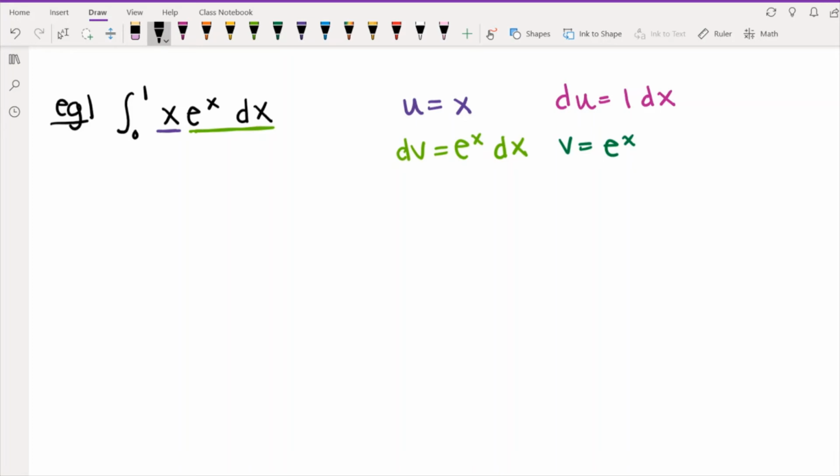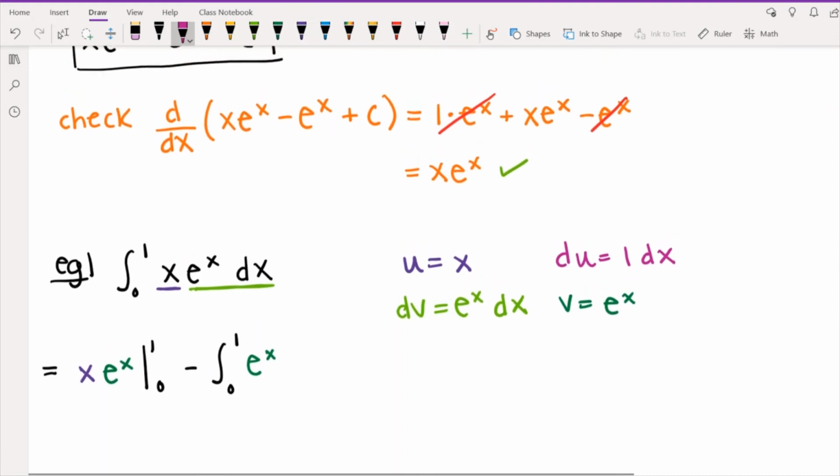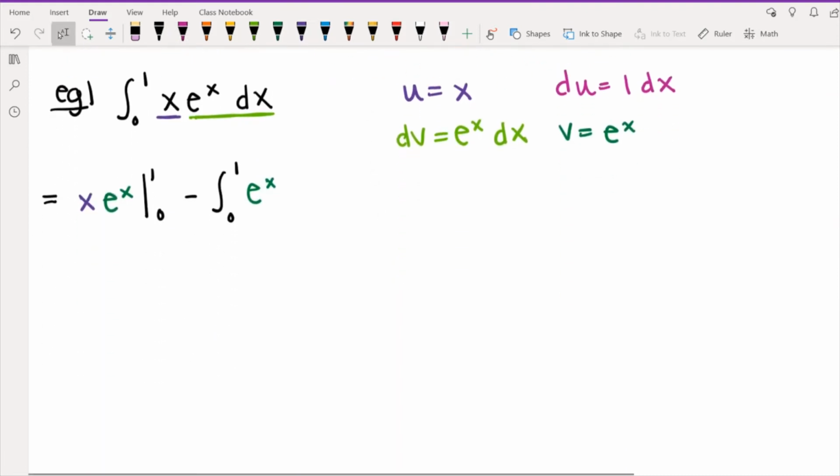So what would this look like now? Well, now we would have u times v, so that's x times e to the x, but we're evaluating it now at 1 and at 0, minus the integral, again, from 0 to 1 of e to the x times 1 dx.